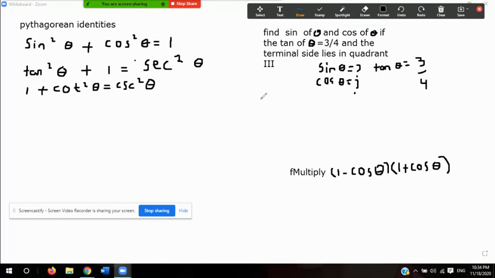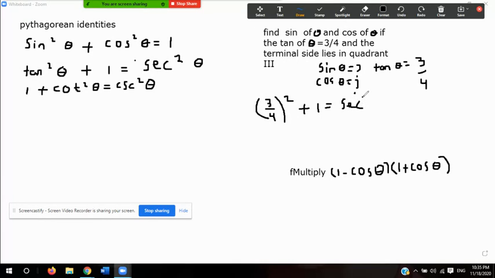Now we have the tangent squared, so this would be 3/4 squared, plus 1, equals the secant squared of theta.